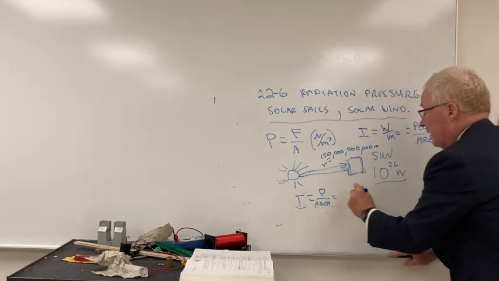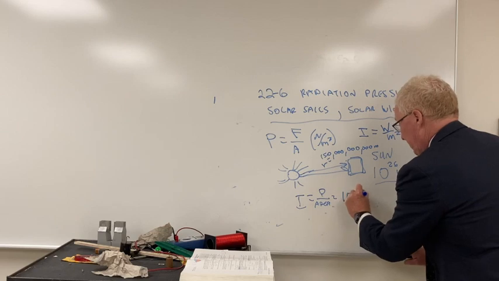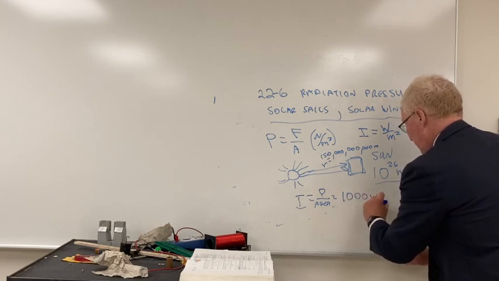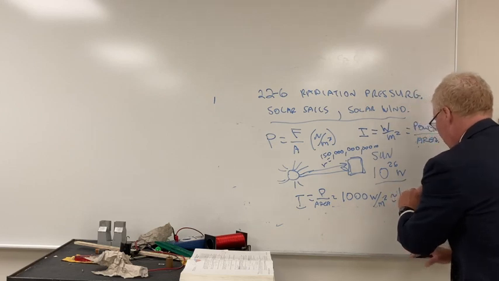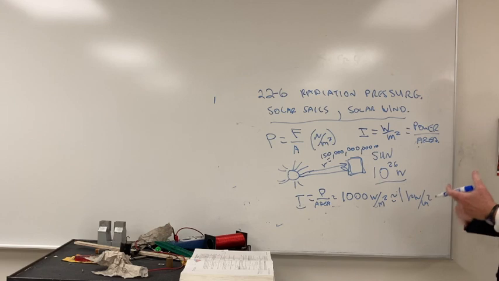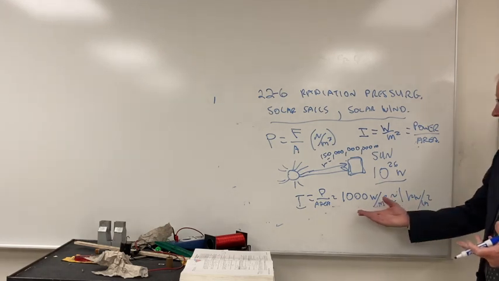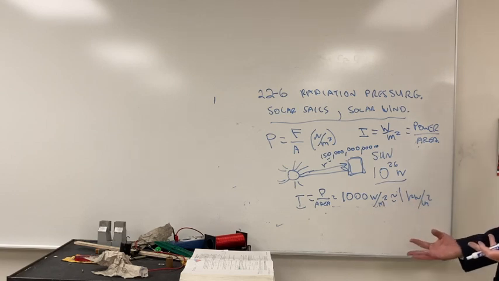The intensity at the surface of the Earth is approximately 1,000 watts per meter squared. So approximately 1 kilowatt per meter squared. So that's the sun's intensity.